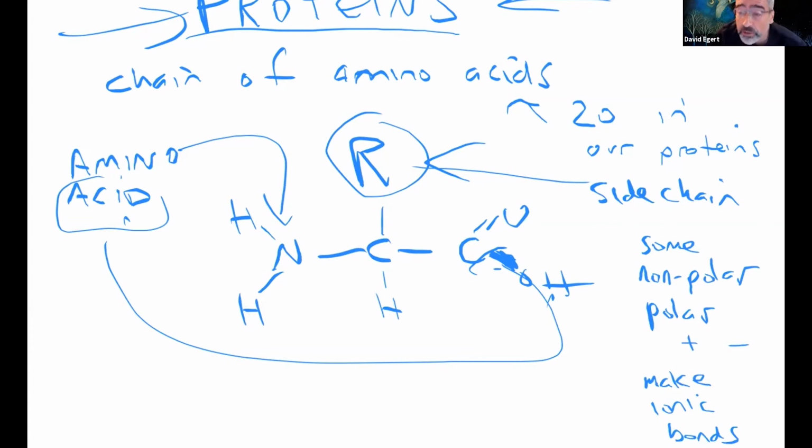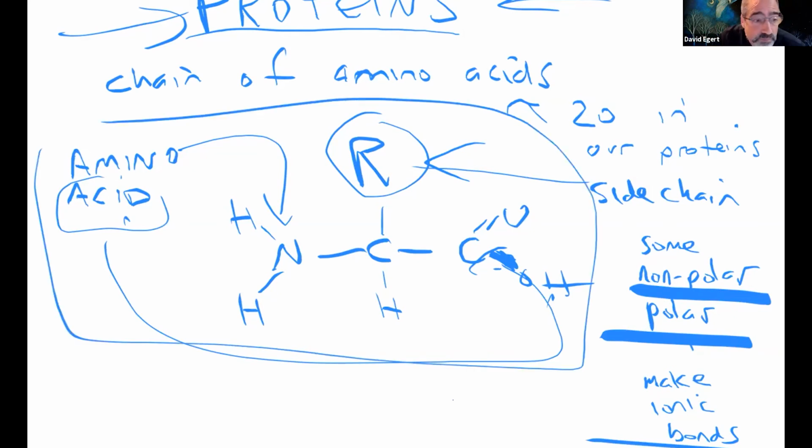That's going to be critical in understanding how receptor binding works, when we get to, what does it mean for serotonin to bind a receptor on your neuron? It's going to have everything to do with what amino acids make up that serotonin receptor and what kind of chemical interactions those amino acids like to make. And like I said, we'll get more into this in detail. But again, some are nonpolar, some are polar, some make positive or negative ionic bonds by either accepting or donating an electron. So lots of different amino acids.